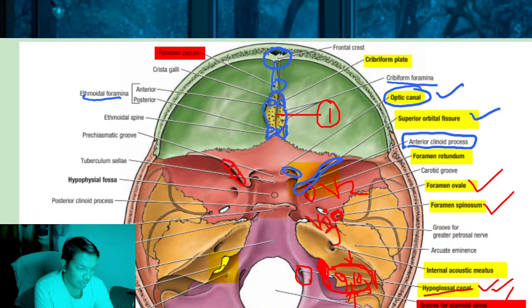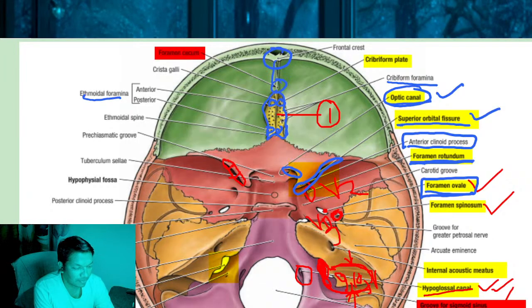Just below we have the foramen rotundum. Again, optic canal, superior orbital fissure, foramen rotundum. Then, posterior and lateral to the foramen rotundum, we have an oval-shaped foramen called the foramen ovale.